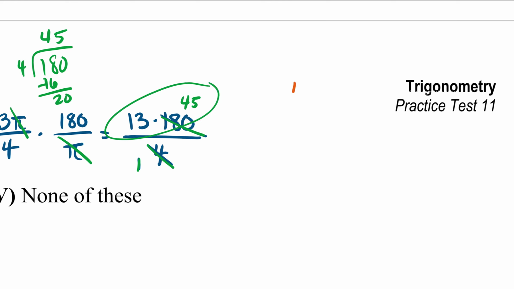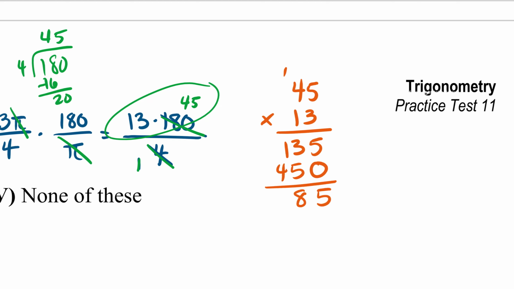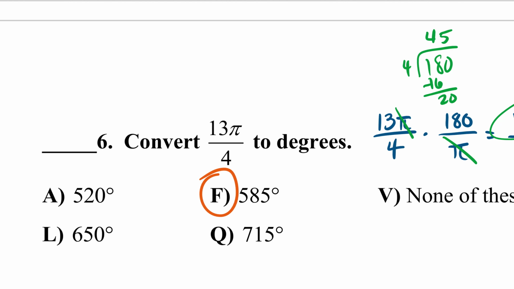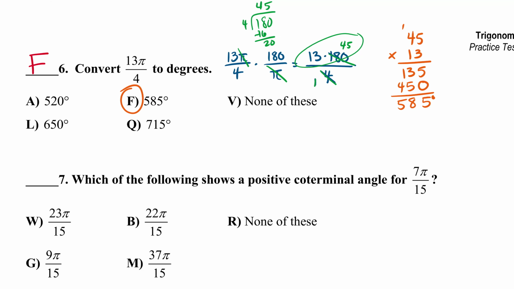Let's find out what that is, because I do not know. 5 times 3 is 15, 12, plus 1, put a 0, and then add. 585 degrees. We do have that, F. So that's all you do for number 6.